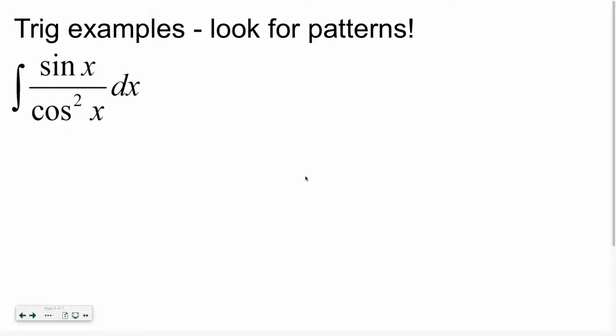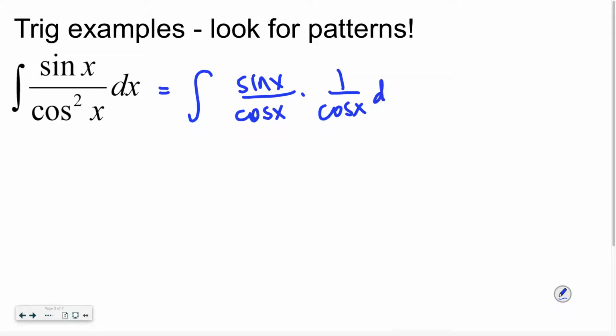All right, so let's talk about this all together. Part 5. What was your thought process? We split it into sine or cosine times 1 over cosine and then changed that to tangent.